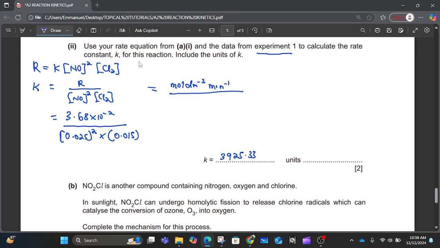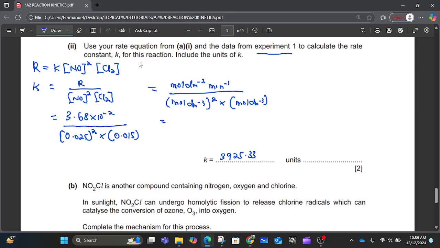And the concentration of NO was mole per decimeter cube, but this is exponent 2, times the concentration of Cl2, which is mole per decimeter cube.